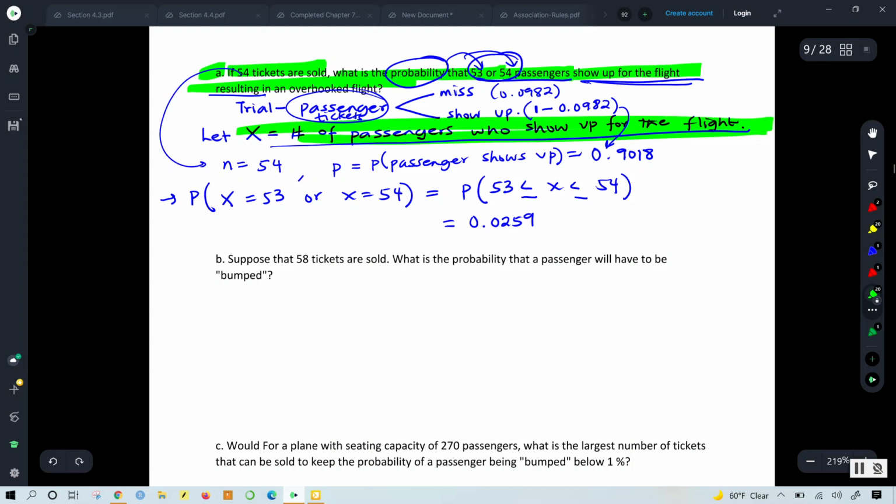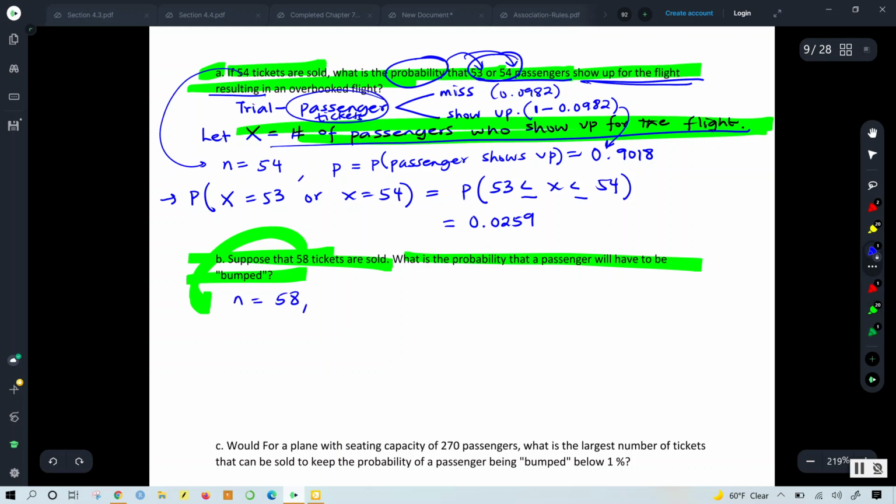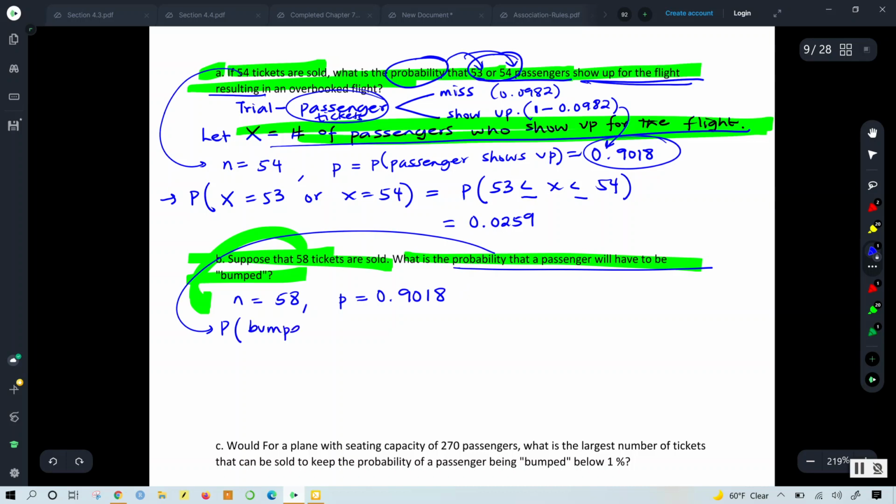Now we proceed to the next question. Suppose that 58 tickets are sold. What is the probability that a passenger will have to be bumped? In this instance, the number of tickets sold, that would be n equals 58. And then the probability of success will be equal to 0.9018, and we're interested in the probability that a passenger will have to be bumped.